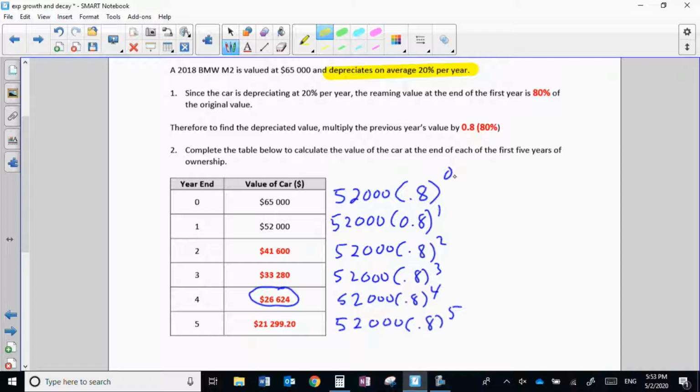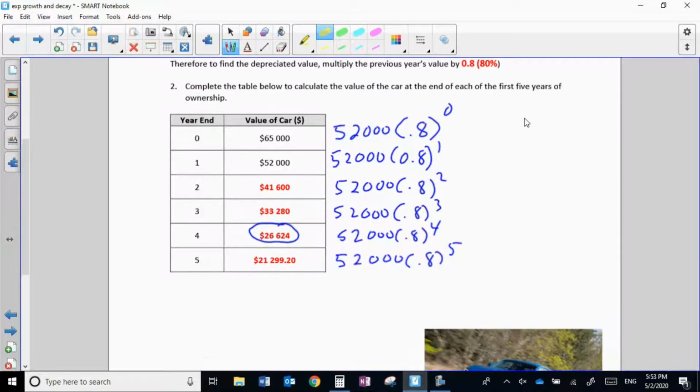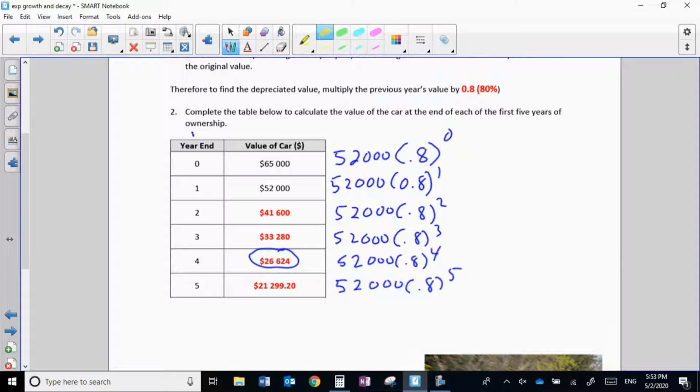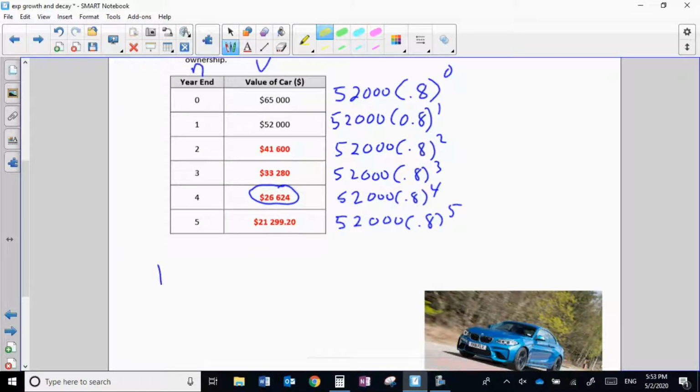In fact, the pattern even works for year 0, since 0.8 to the power of 0 is equal to 1. Nice thing about our rule for the power exponent of 0. It helps us in an example like this. The equation of this, by the way, if we let the year be n and the value of the car be v, then we could say that v is equal to 52,000 times 0.8 to the power of n.